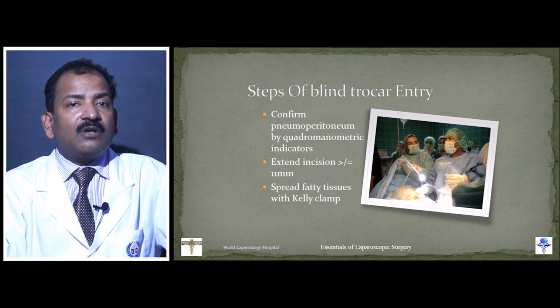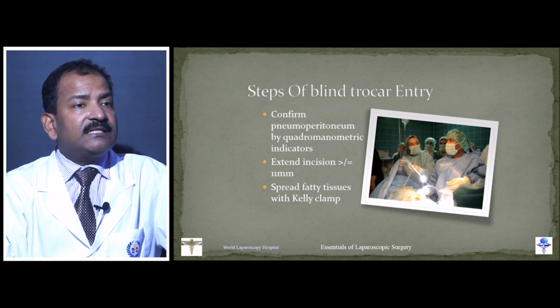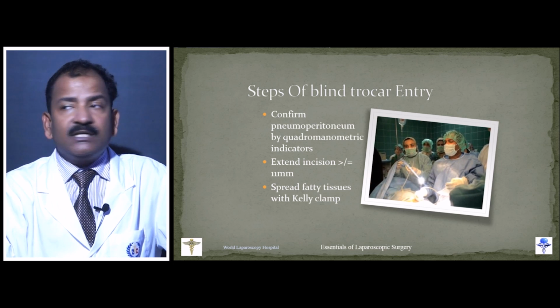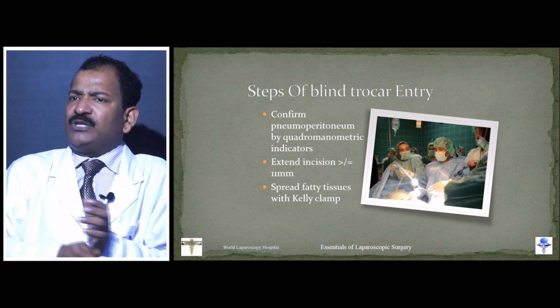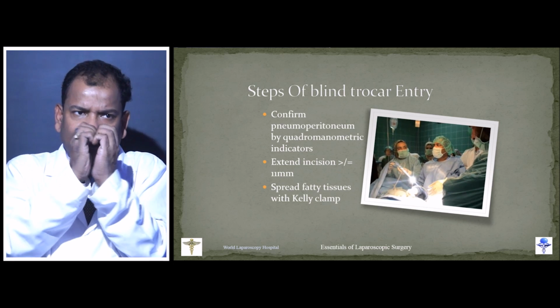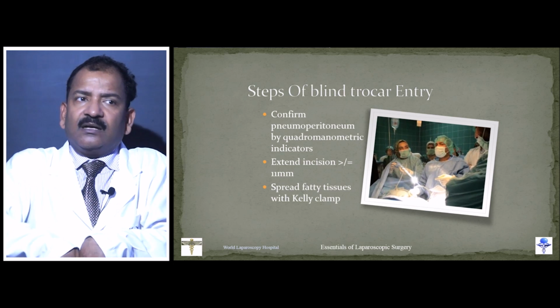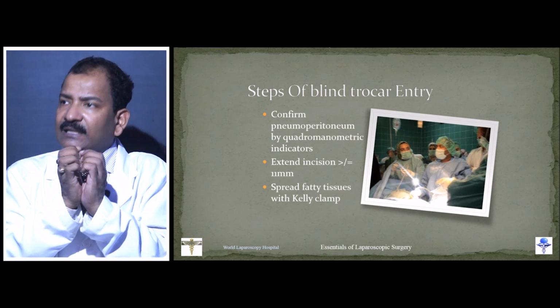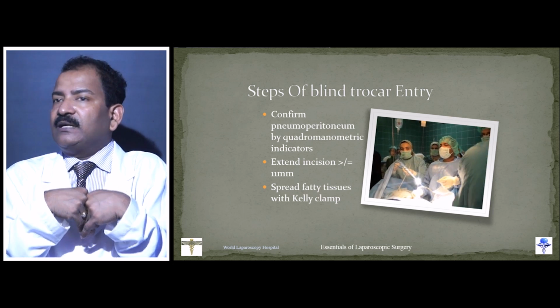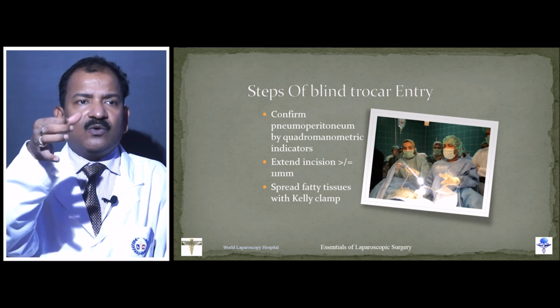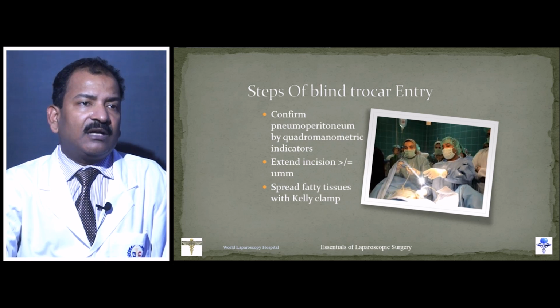So, one of the most common causes of forceful entry with the primary trocar is a small skin incision. And then you are pushing it and the margins of the skin are getting completely undermined, getting bulged inside, and after that it makes a tight hold of dry skin around the cannula.